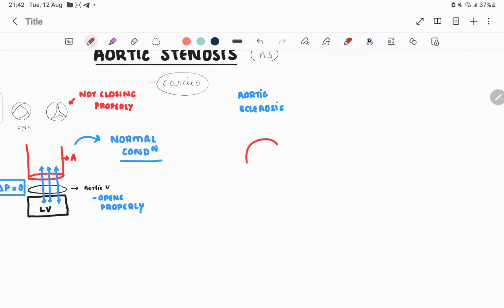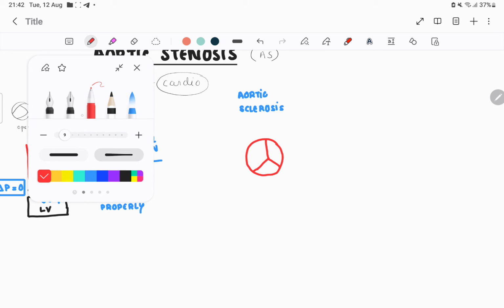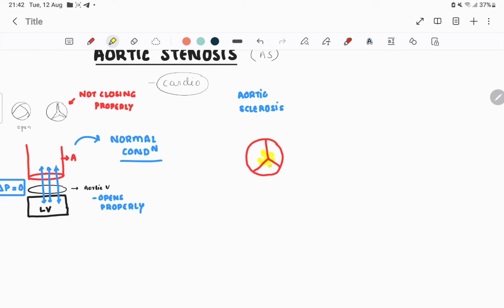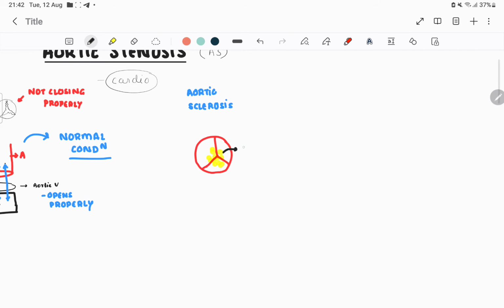If this is our aortic valve and here, let's say we have some sort of inflammation or calcification, or let's say ossification, or deposition of calcium here, this is called aortic sclerosis.